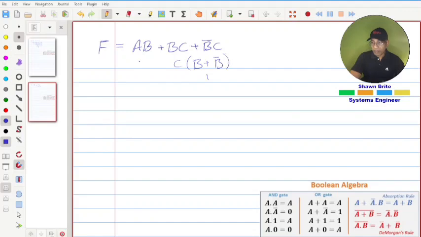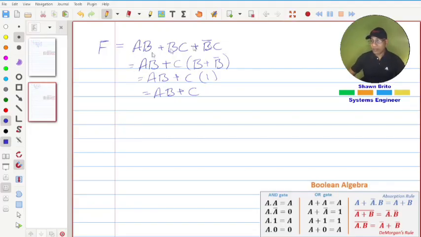So that's AB plus C times 1, which means this is going to be C. So that's AB plus C. That's the simplified answer.